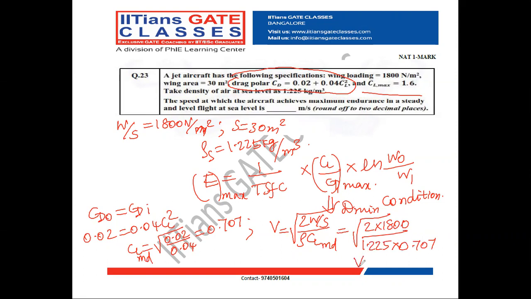When I substitute, the velocity for maximum endurance is 64.472 meter per second. This is an NAT type question.